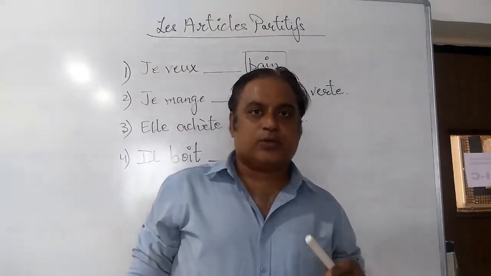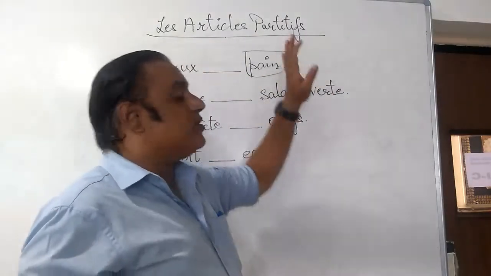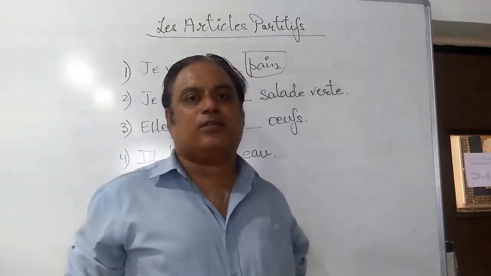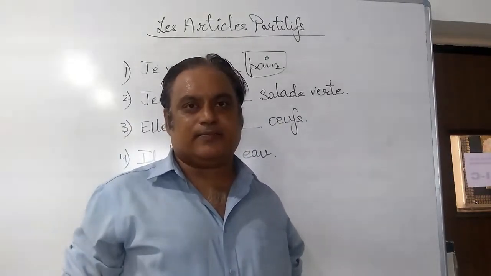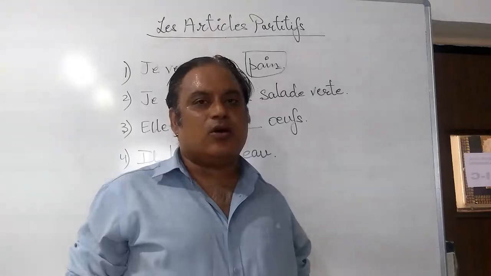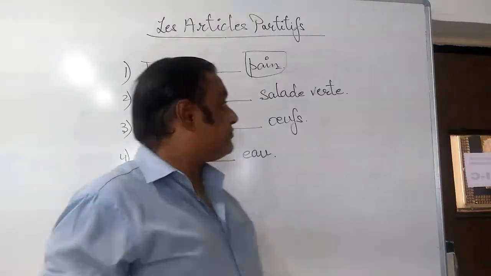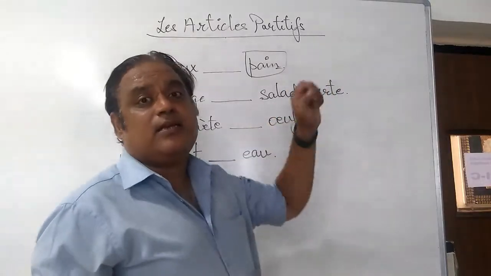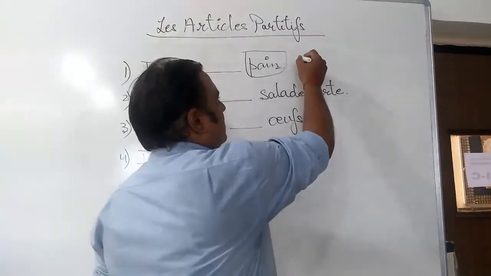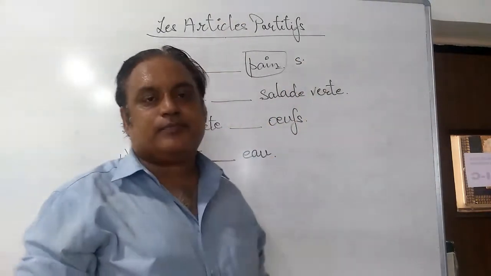Exceptions are there. So over here, our object is not ending in any of the 3 letters, S, X or Z. So our object is singular. Let's just write singular over here.